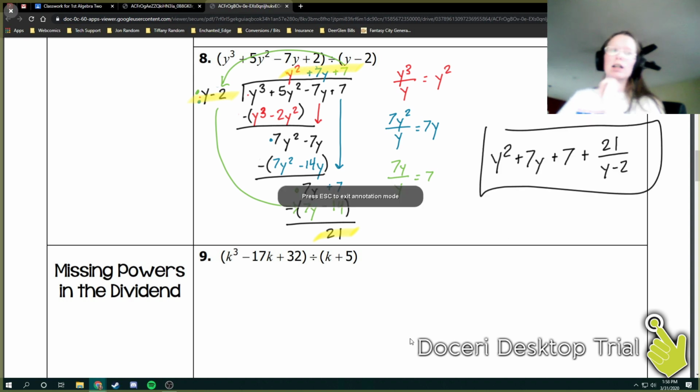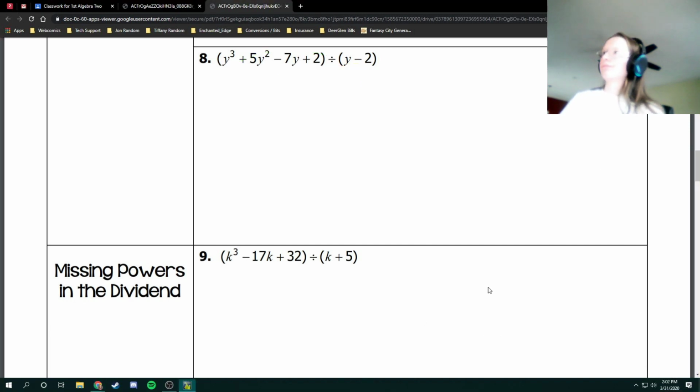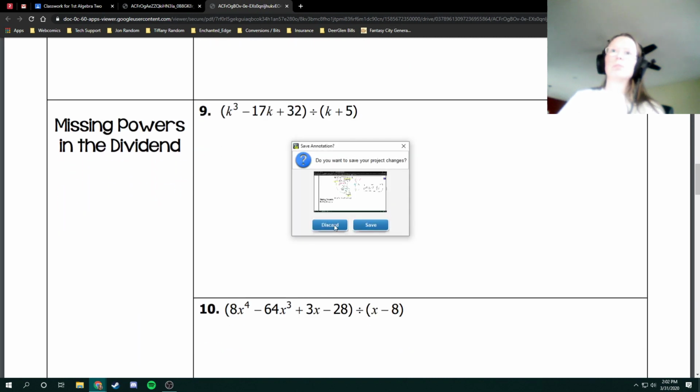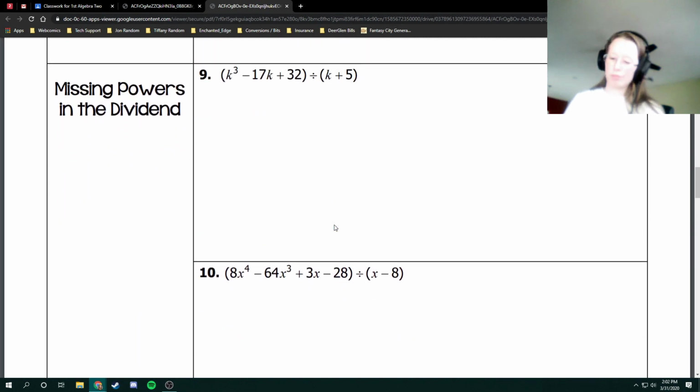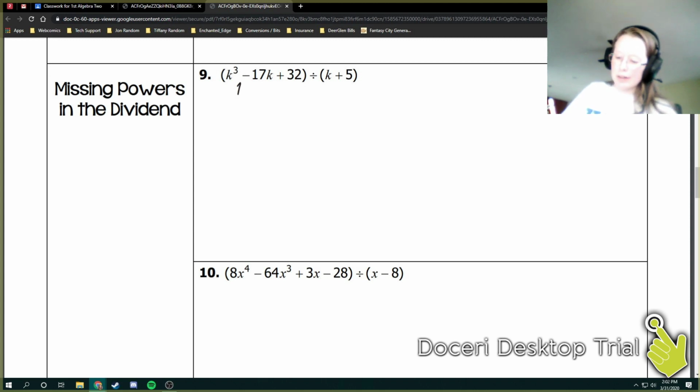Okay, alright. The next two problems have missing powers. And so it's just showing you how to put in a 0 placeholder, something just to hold the place to make sure all our powers still stay lined up. Alright, so here we have k cubed minus 17k plus 32 divided by k plus 5. The thing that is missing here is the k squareds.